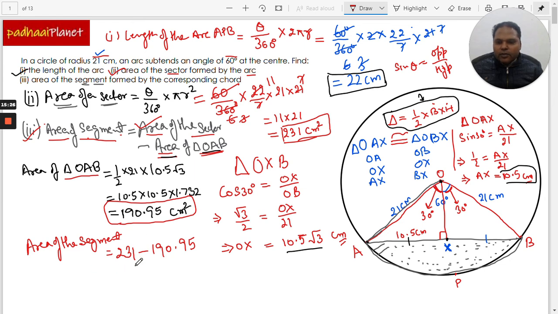So this is equal to 40.05 square centimeters. Now that's the answer, and I hope you could understand this question.